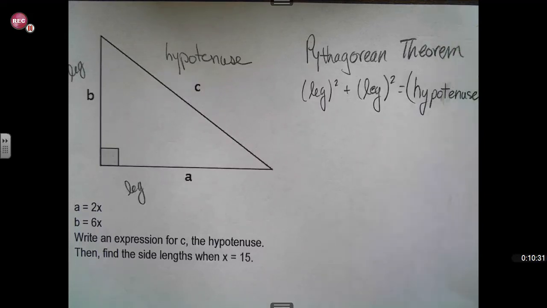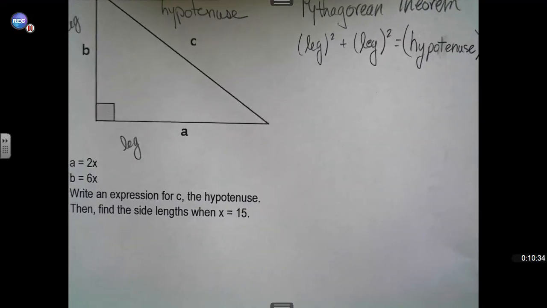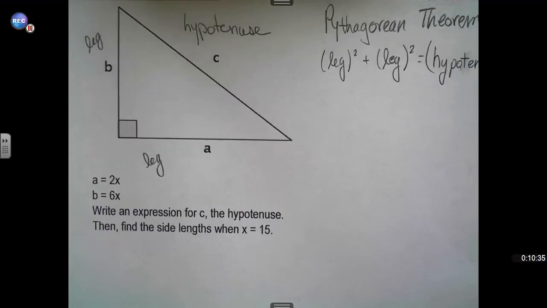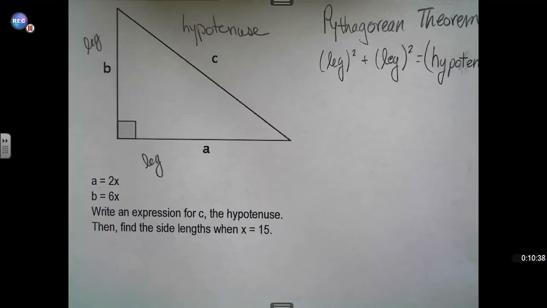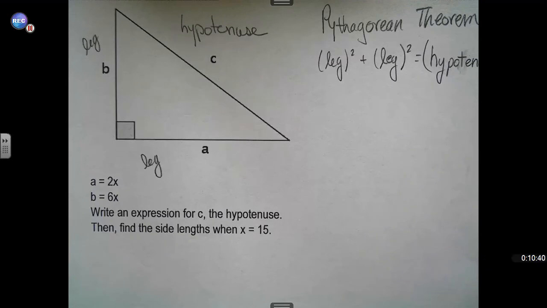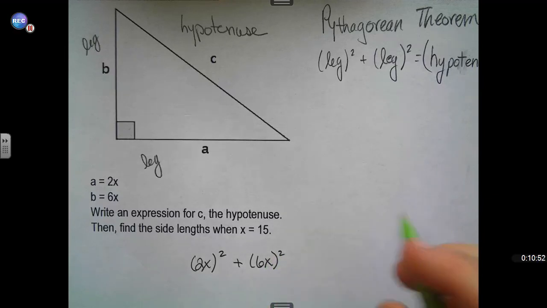So it says write an expression for C, the hypotenuse, and then find the lengths when x is 15. So a is equal to 2x, so 2x squared plus 6x squared, so there's the two legs, equals, we'll call it c squared, because that's what I have it labeled.